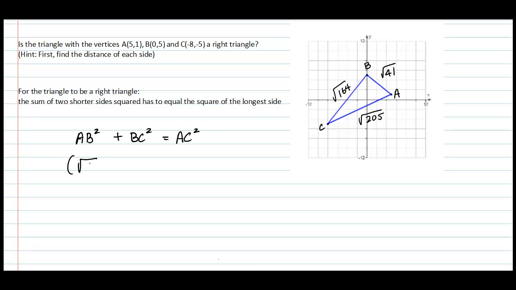AB is the square root of 41 squared plus BC is the square root of 164 squared.